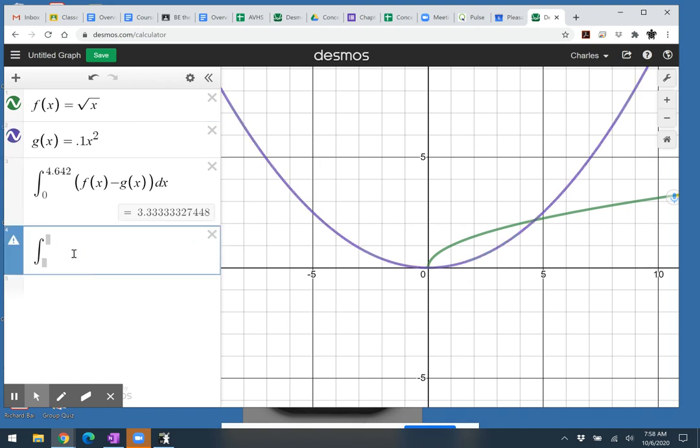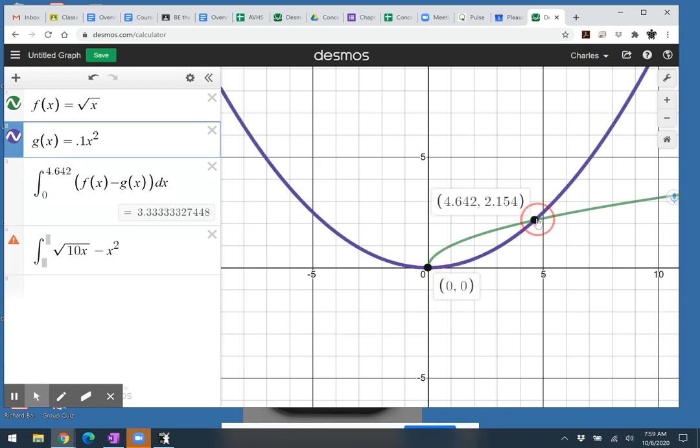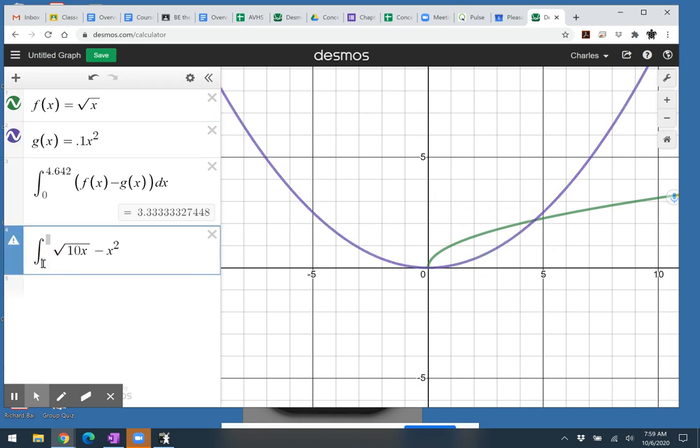So that's going to be square root of 10x minus x squared. And we're going to be going from, so now we have to think of what am I going from, 0 up to 2.154.